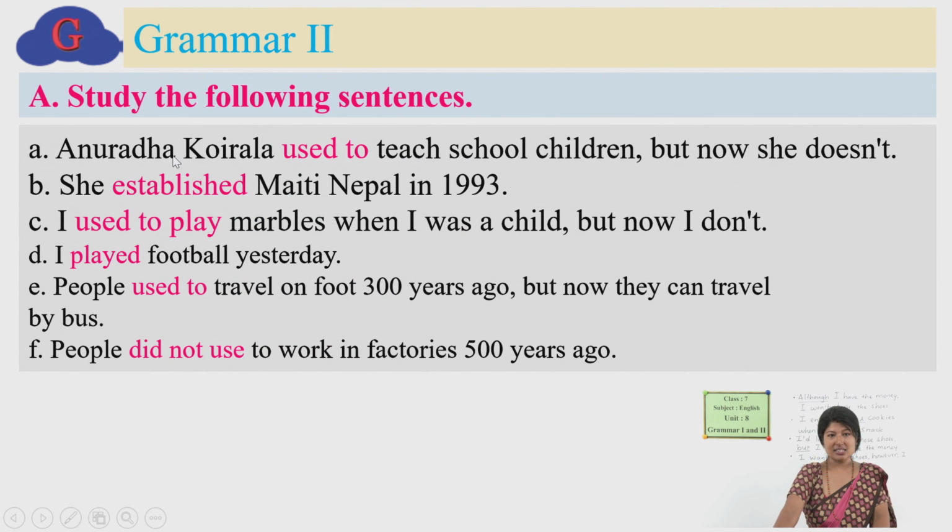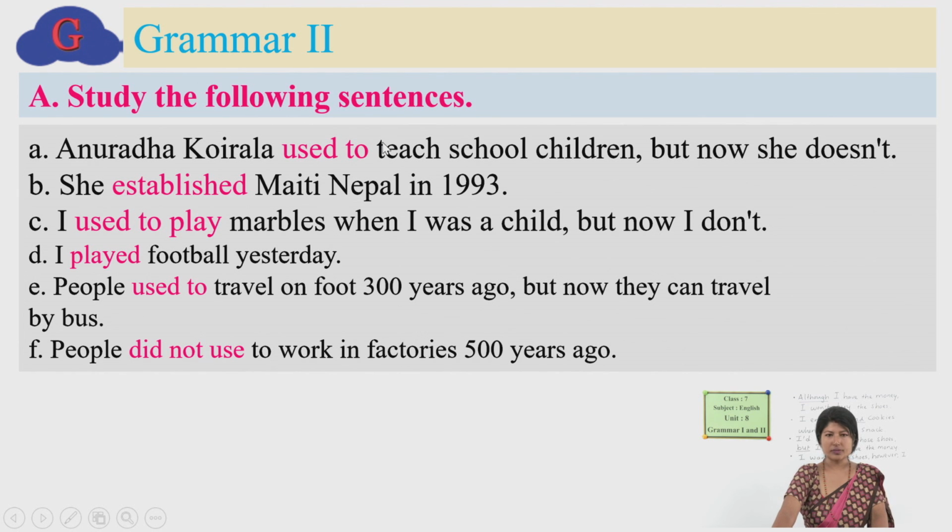We have 6 sentences over here, and let's find out what's the topic of grammar II. Number A. Anuradha Koirala used to teach school children, but now she doesn't. Here we have highlighted parts in these sentences.